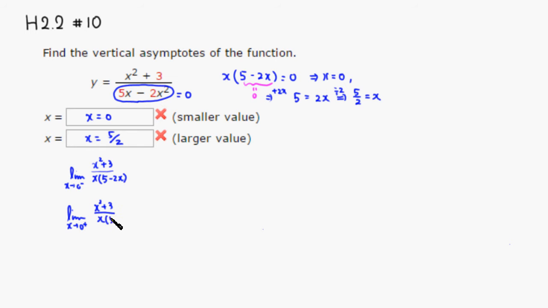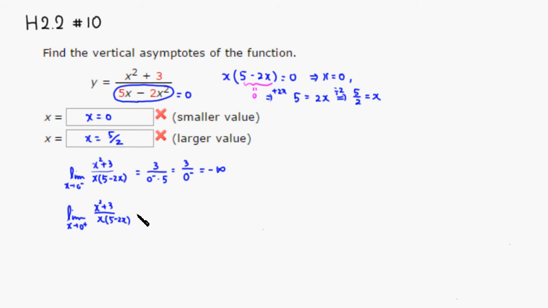So you have x times 5 minus 2x. If you plug in 0, 0 plus 3 is 3 on top. The x is going to 0 from the negative side, times 5 minus 2 times 0, which is 5. 3 is positive, and 5 times 0 from the negative side is a negative number close to 0, so 3 divided by 0 is going to be big, but positive divided by negative is negative.